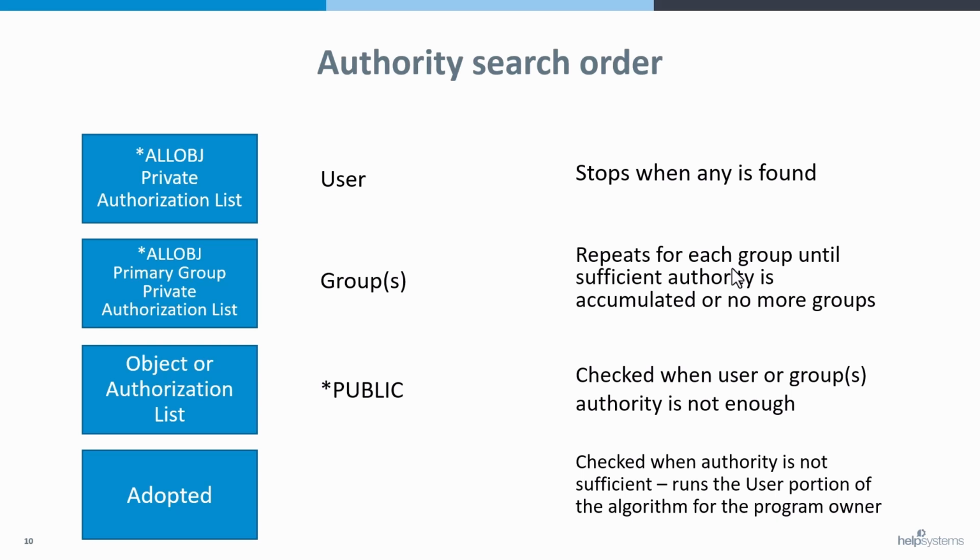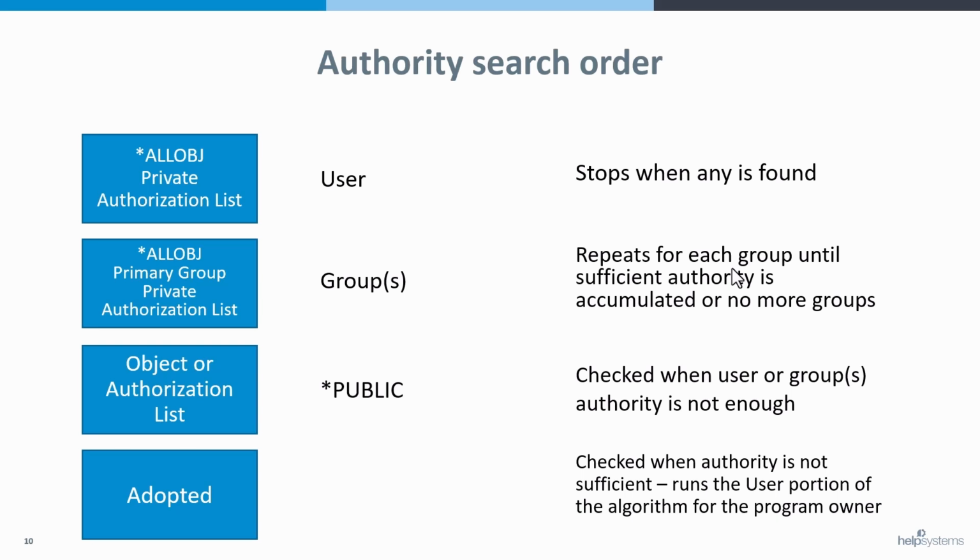It can be a gotcha when you're trying to secure things or when you're trying to find out how someone got access to something they weren't supposed to or didn't have access to something they were supposed to, because public got set to exclude in the private authorities, and on the authorization list, public has use.